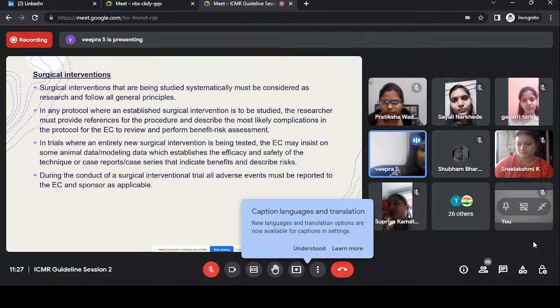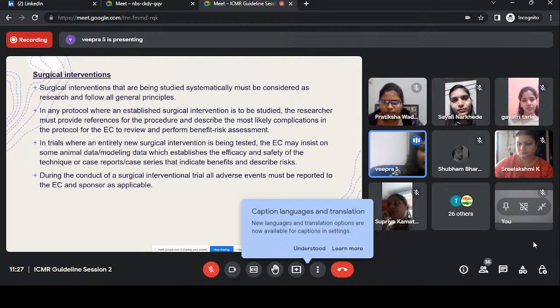Also, before starting the study, the EC must review the animal modeling information from the animal study. Whatever information is collected about this surgery method should be provided as safety evidence that this method is safe for doing in human subjects.